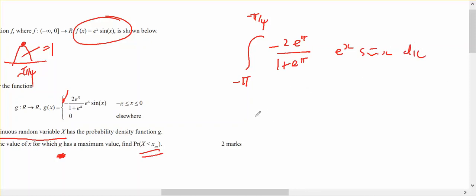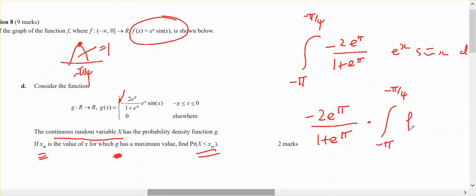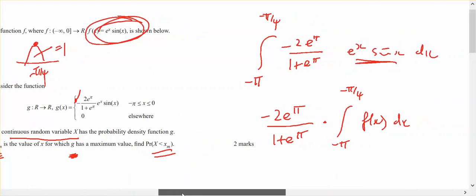So I've got negative 2 e to the pi over 1 plus e to the pi times this integral, and I'm going to call this f of x, because this is what I had originally. So 2 marks for this.